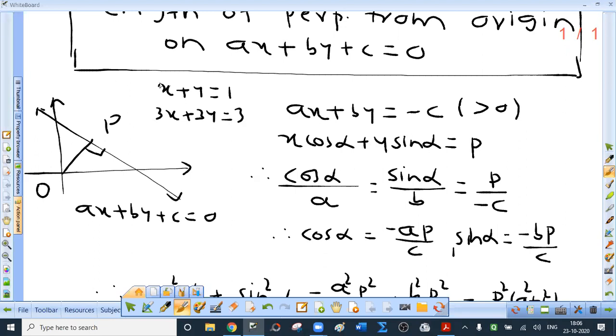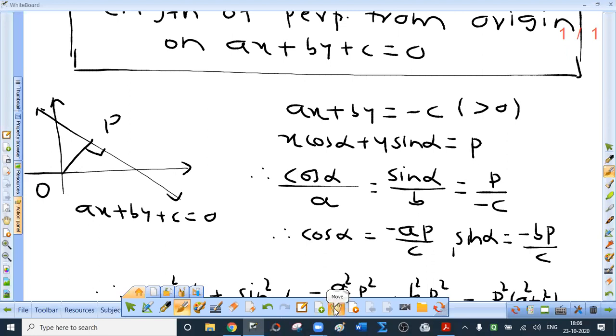So will you say 1 is 3, 1 is 3, 1 is 3? No, 1 upon 3 equal to 1 upon 3 equal to 1 upon 3. So if two equations represent the same locus, we can say their coefficients are comparable. So cos alpha upon A equal to sin alpha upon B equal to P upon minus C.